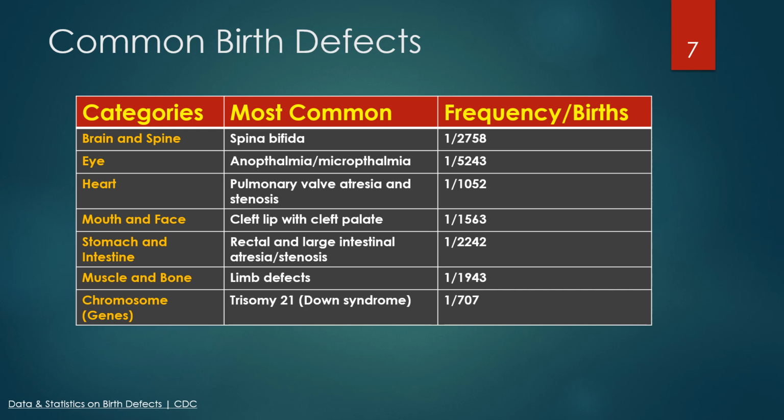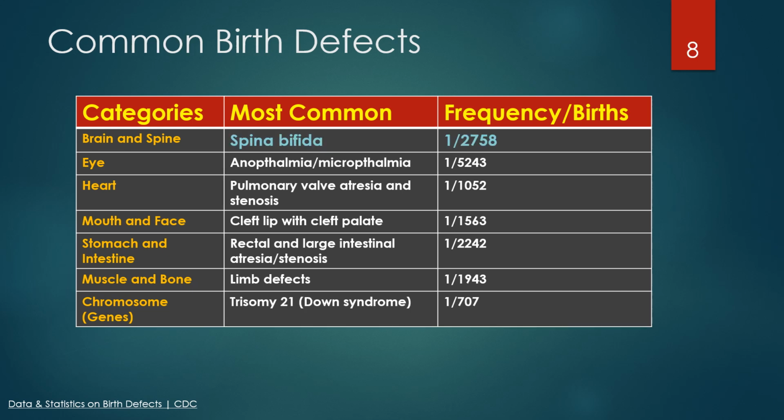The most common birth defect is a chromosomal or gene abnormality called Down syndrome, trisomy 21, 1 in 707 births, followed by a heart malformation, pulmonary valve atresia and stenosis, 1 in 1,052 births, and a mouth and face abnormality, cleft lip and cleft palate, 1 in 1,563 births.